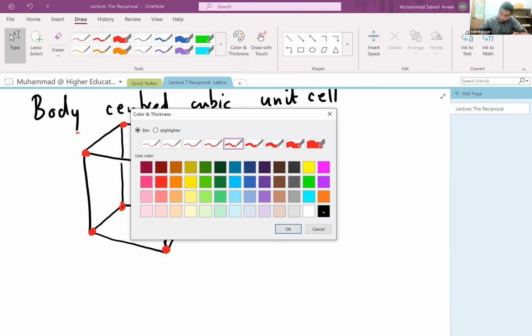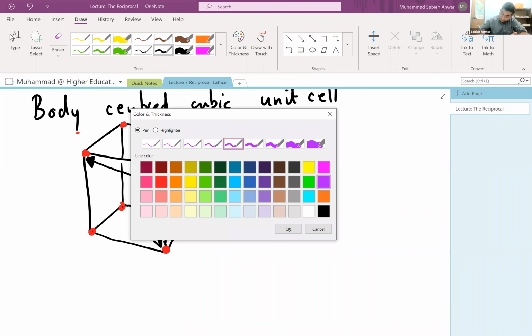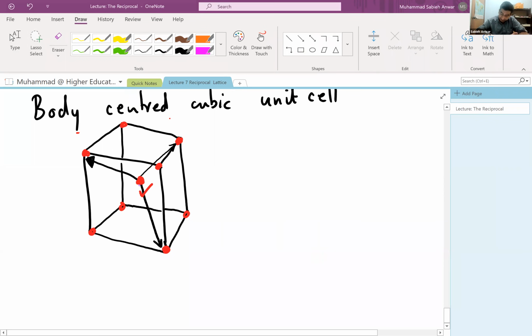So if I were to take a vector here, and a vector here, and a vector here. Let me use different colors for these vectors. I'm still in the direct space, by the way. So I draw a vector here, a vector here, and a vector here.